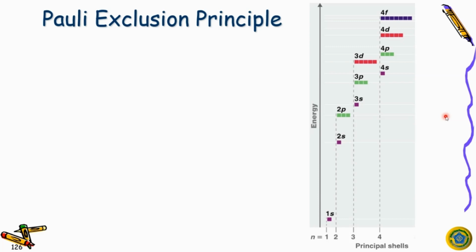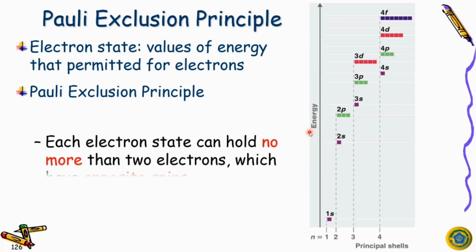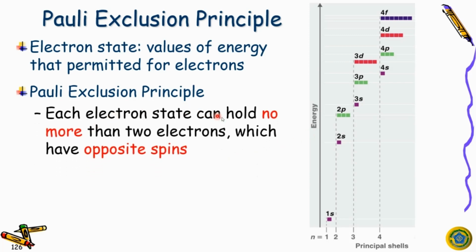Okay, so let's think of the Pauli exclusion principle at this stage. These are the energy state values that are permitted for electrons. The Pauli exclusion principle is like this: each electron state can hold no more than 2 electrons, which have opposite spin. So if I have 2 electrons here, they have to be opposite spin.